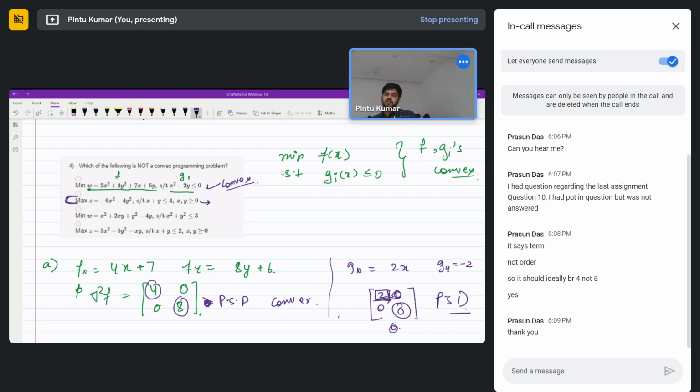Just give it a try. Construct the Hessian matrix and see what you are getting, whether it is positive semi-definite or negative semi-definite, for this part.